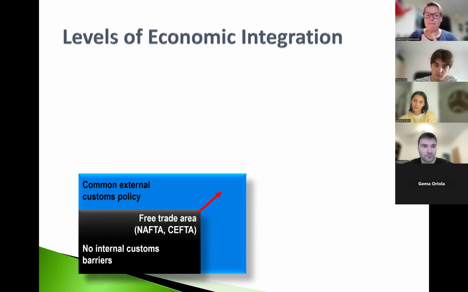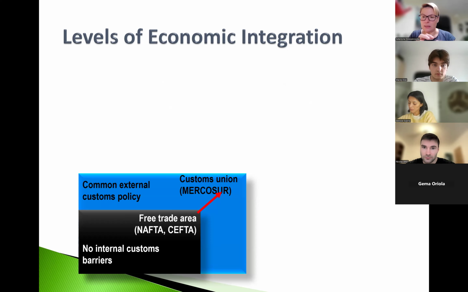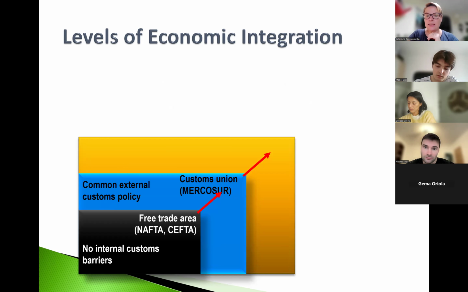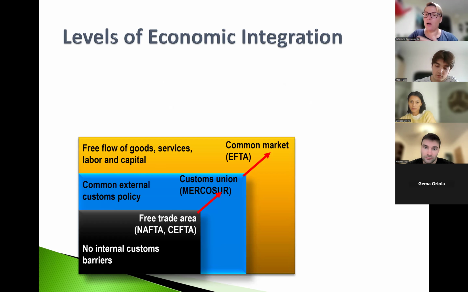The next level is a customs union, like Mercosur. This is the South American Union. So you not only have no internal customs, but also a common external policy, right? So you can move goods within, and when you export them, there's a unified policy. Then the next stage is what we call a common market.